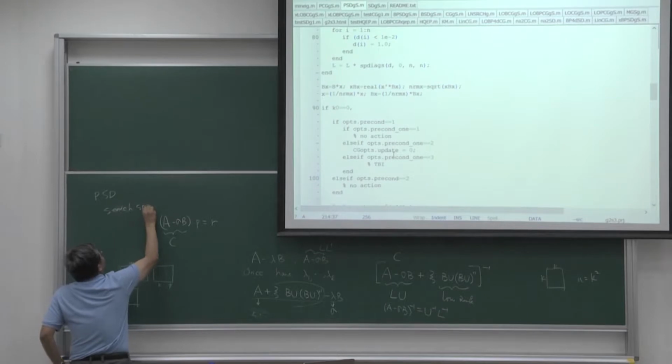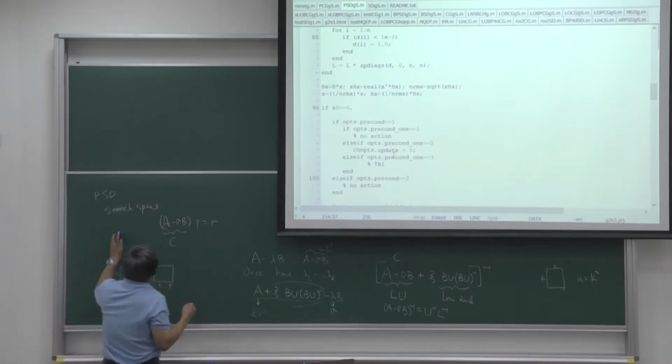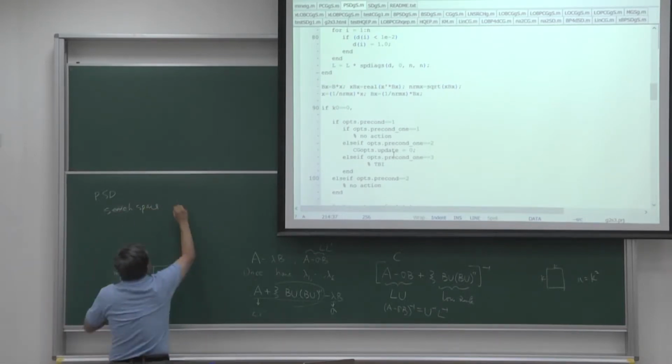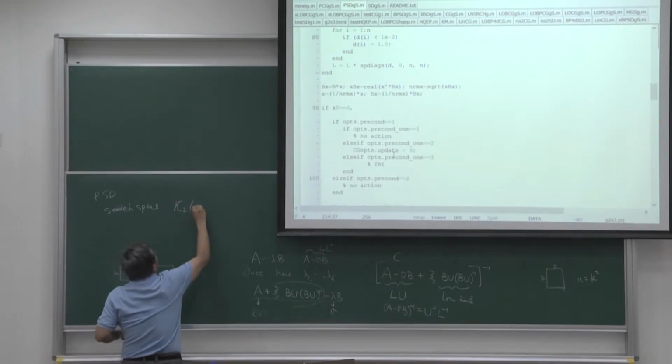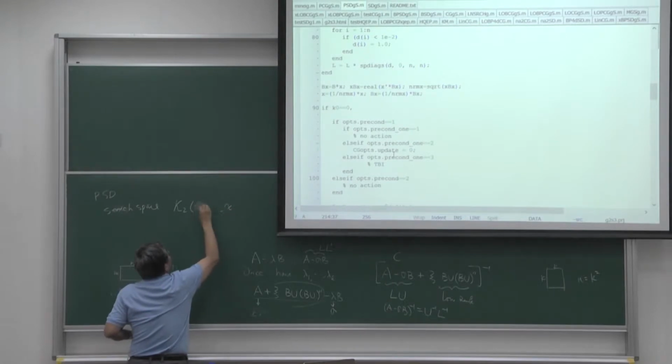The search space is the Krylov subspace of order 2, generated from the current approximation of the eigenvector with A minus rho, where rho is the current approximation of the eigenvalue.